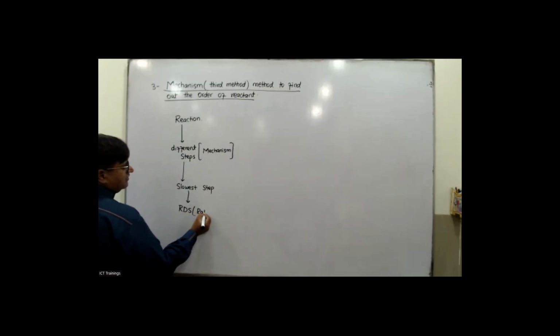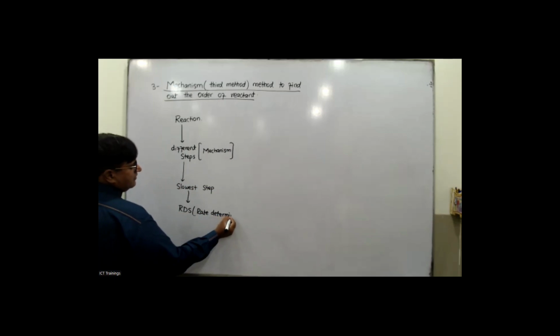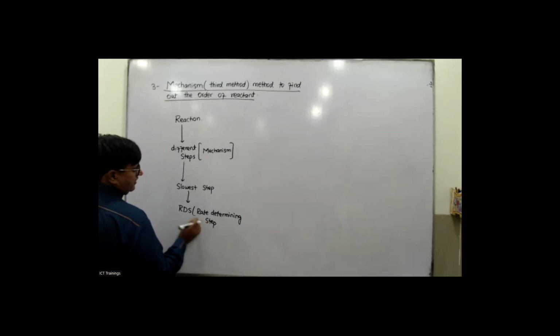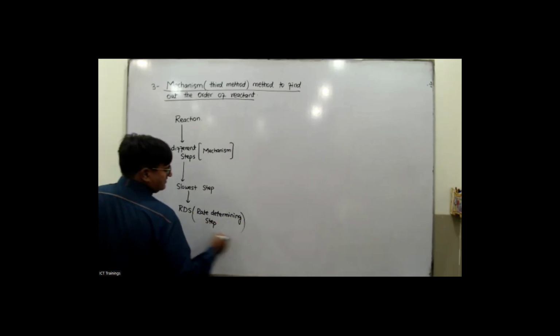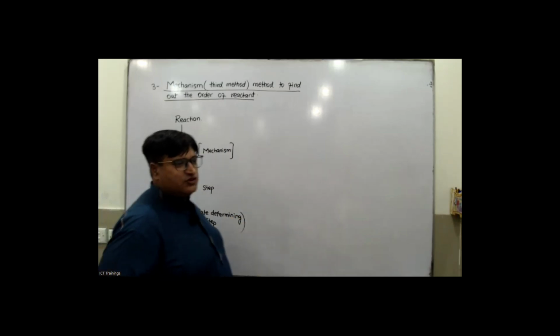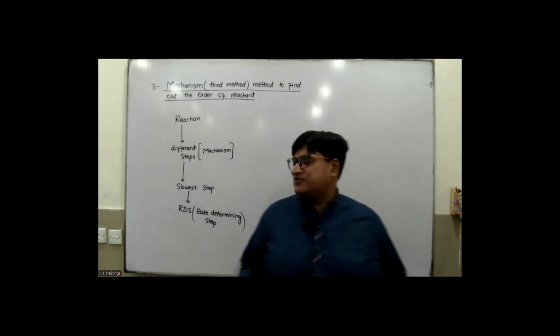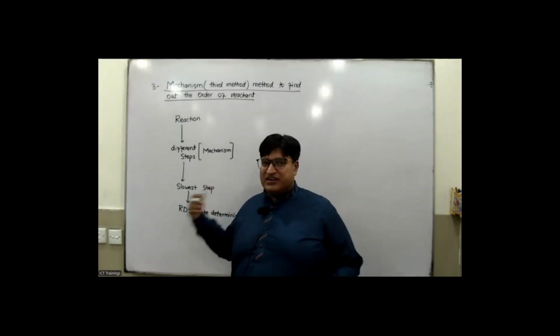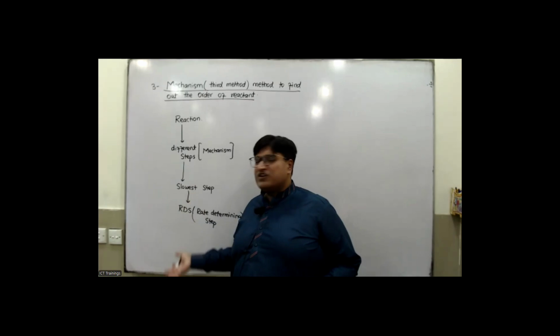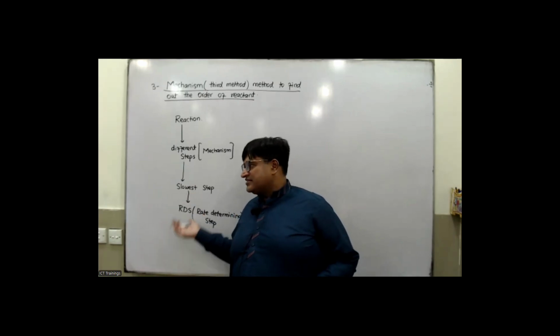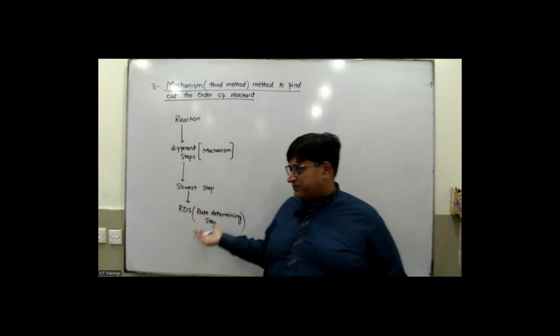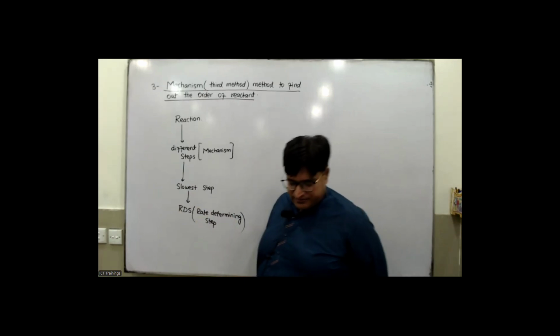That slowest step is called the RDS. RDS means rate determining step. In every reaction we have different steps, and the step which is very slow, the slowest one, is always the rate determining step, RDS.